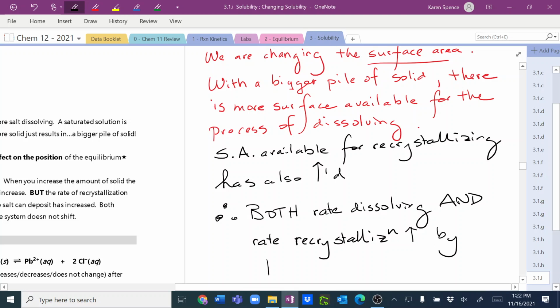By the same amount. And if they increase by the same amount, what are we still at? Equilibrium.